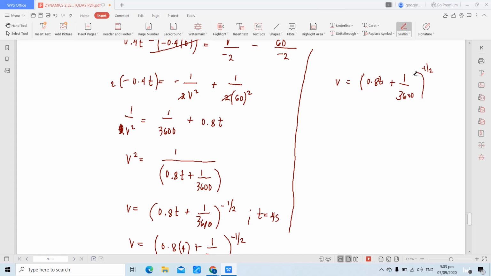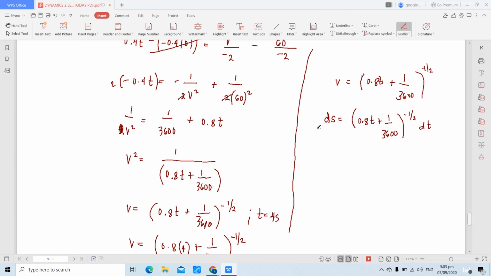Substitute v equivalent to ds over dt. And then by cross multiplication, we can say that ds is equivalent to quantity 0.8 t plus 1 over 3,600 raised to negative 1/2 dt. Tama po.